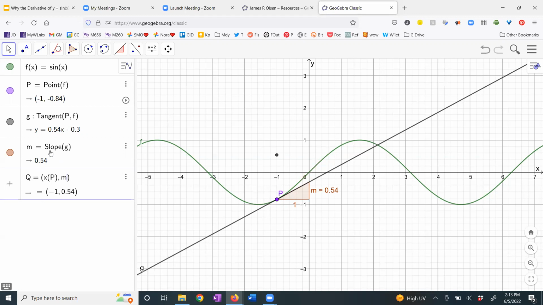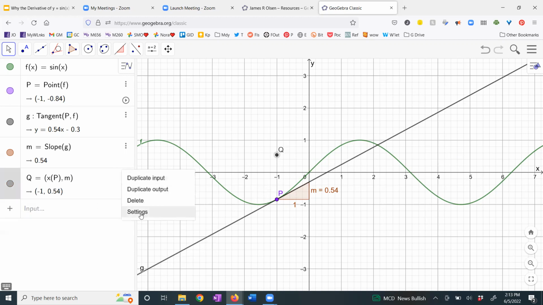Nice thing about GeoGebra is it does everything geometrically and algebraically at the same time. So when we graph this point, it's point Q. All right, so right here is point Q. And let's change that just a little bit.